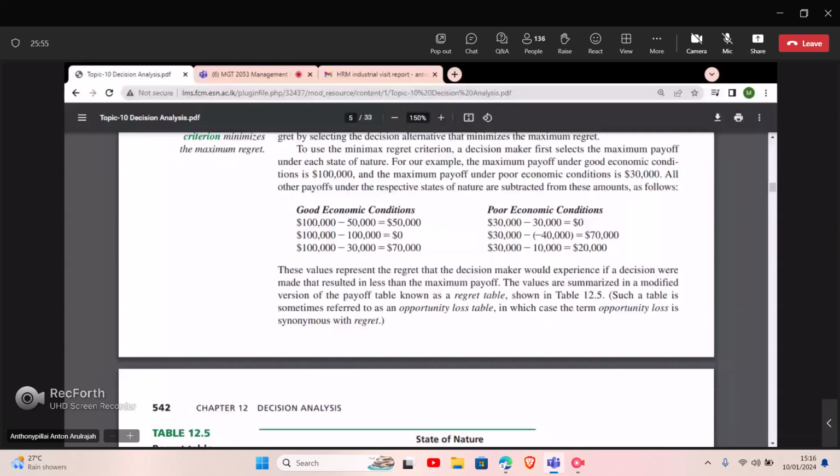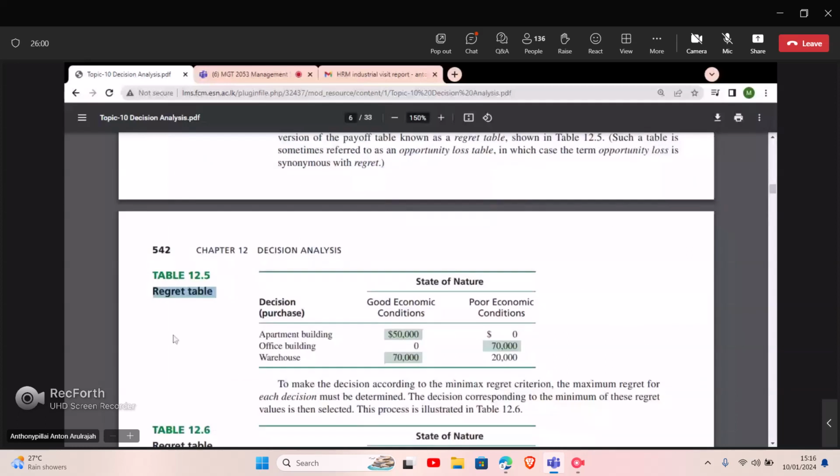So now the regret table is constructed. After deducting, you see 50,000, 70,000, 50,000, 70,000, 30,000, 70,000, 30,000, 20,000.